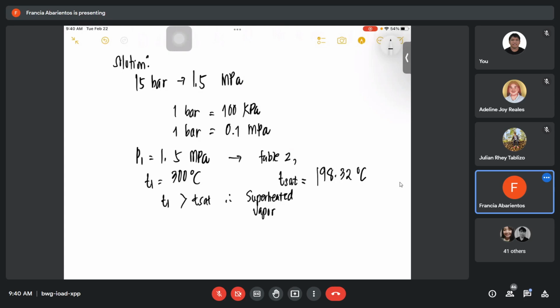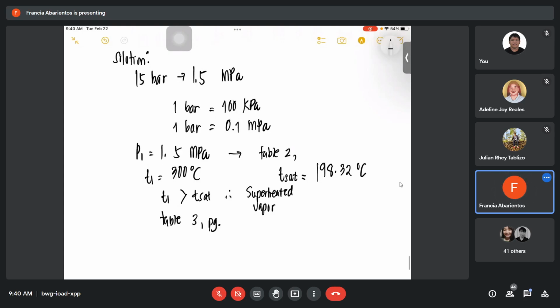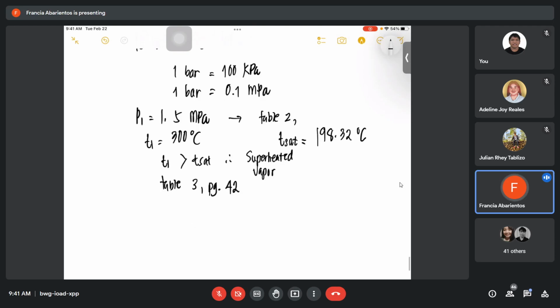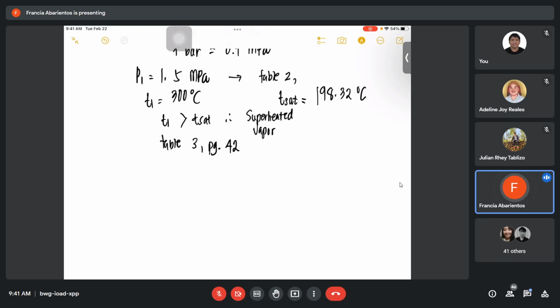Go to the table, Table 3, page 42, where 1.5 MPa is at the top. Go to 300 and you will get the different properties. So at state 1, the specific volume at 1 is 169 times 10 to the negative 3 cubic meter per kilogram.